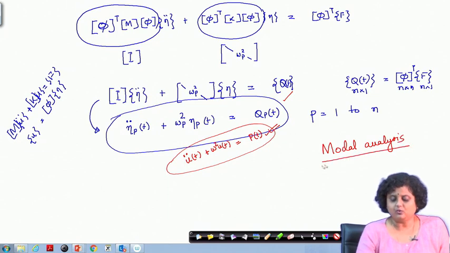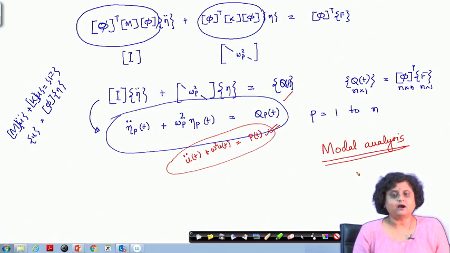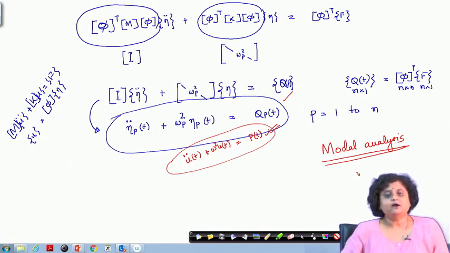So, what we do in summary, we convert a coupled multi-degree of freedom system into a set of single degree of freedom systems. The benefit is that we know how to solve a single degree of freedom system. Solution of a single degree of freedom system is very easy. So, we can solve this.